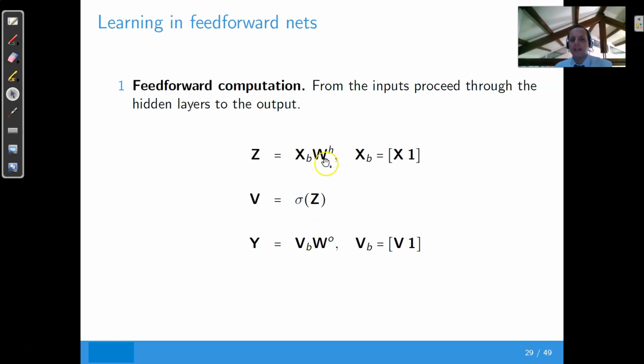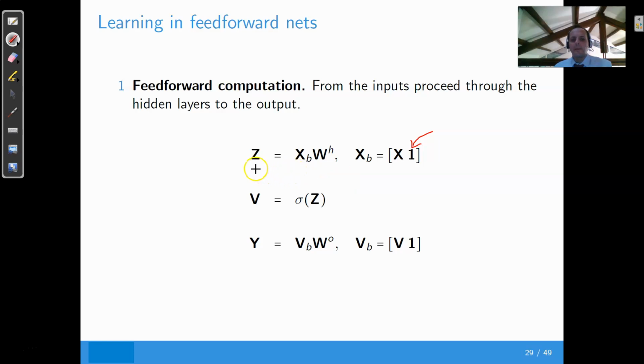So from the inputs here, x of b, because if you remember, x of b is x, the inputs, which includes also the one which stands for the bias.